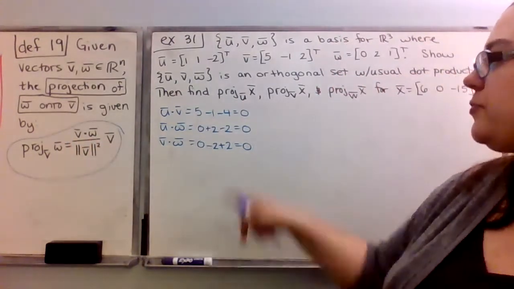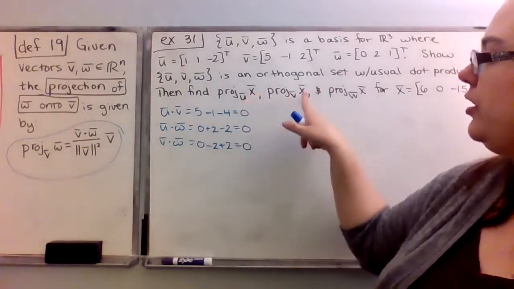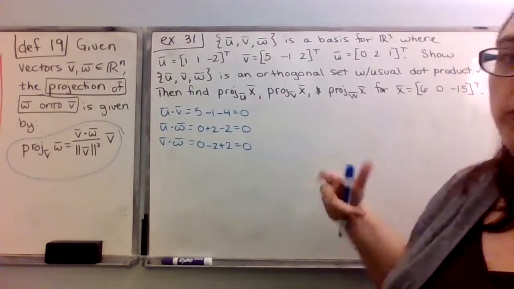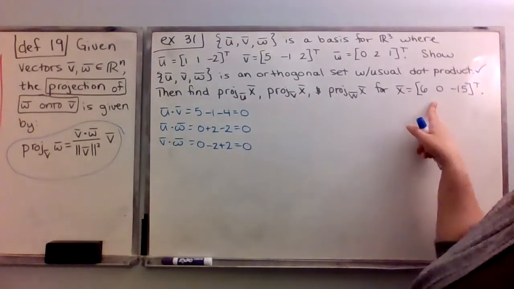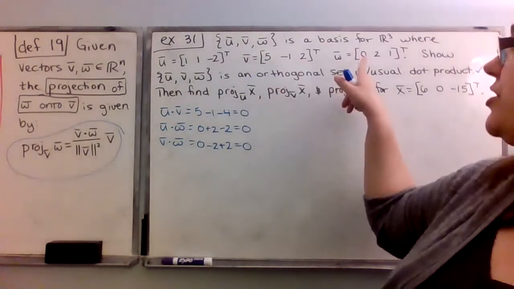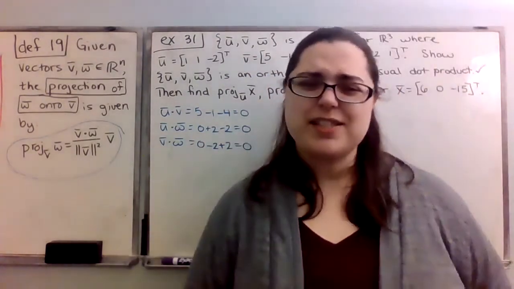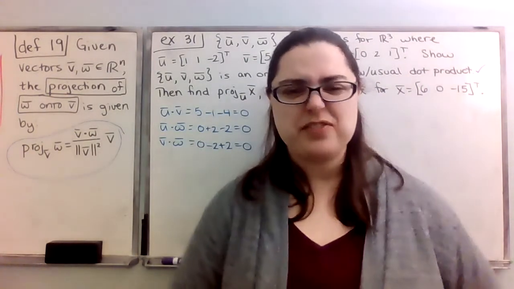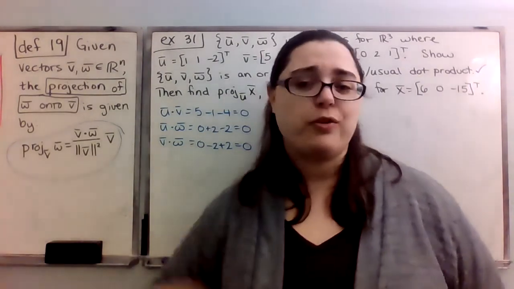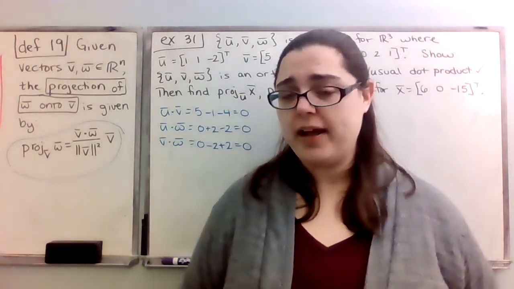So in other words, because I'm projecting x onto u, v, and w, I'm going to need to find the dot product between this vector x and each of these three vectors here. I'm going to think of this as my mise en place. If I were baking, this is the stuff I'm going to get done ahead of time. And then I'm going to plug it all into the formulas and evaluate that afterwards.